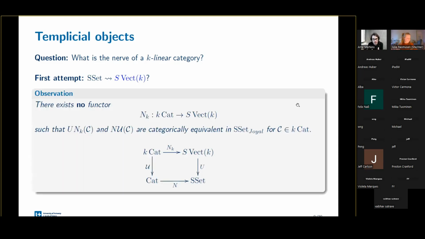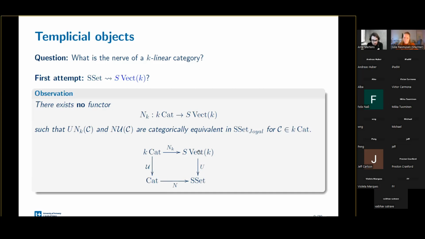In fact, there exists no functor going from k-linear categories to simplicial vector spaces which is in some way compatible with the classical nerve. This is a relatively easy observation that you can make. By compatible, I mean that this square here commutes, maybe not on the nose, but even up to some notion of weak equivalence.